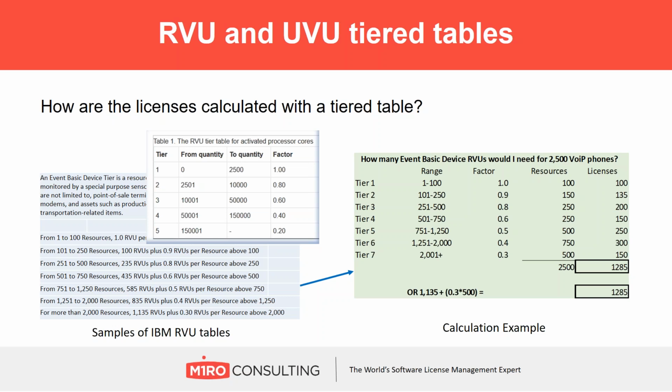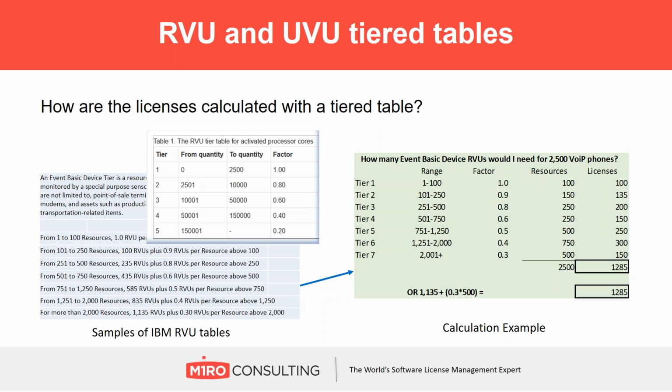So both resource value units and user value units use a tiered table to convert to the licenses required. Each software product has its own table, and there might be further things within the definition that create different tables. There might be one for employees, there might be one for external users, so you have to read the software carefully and how to license it.